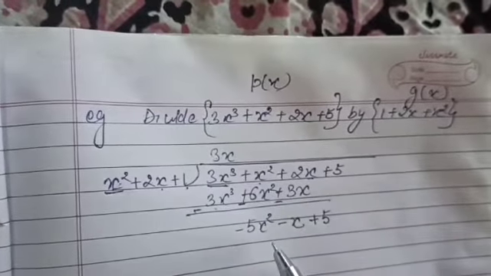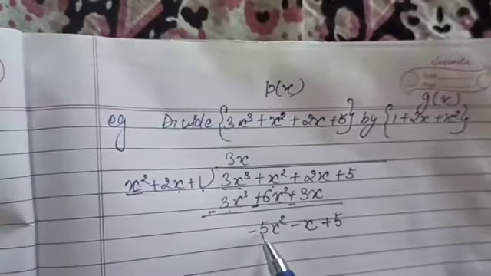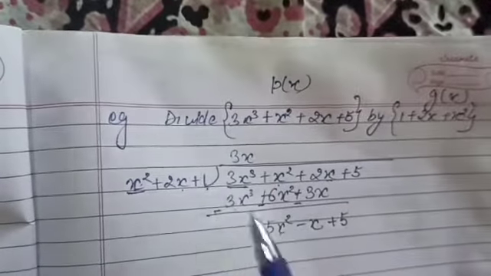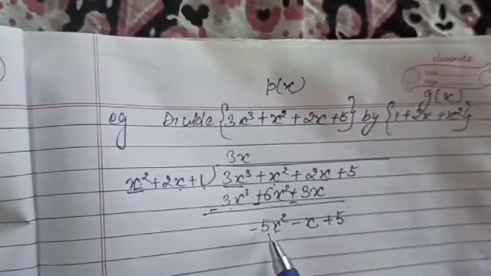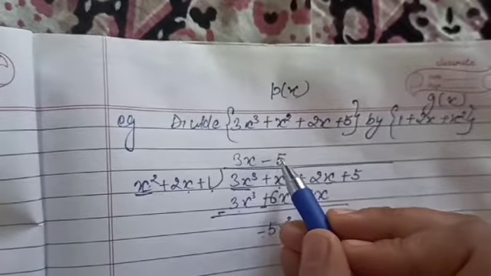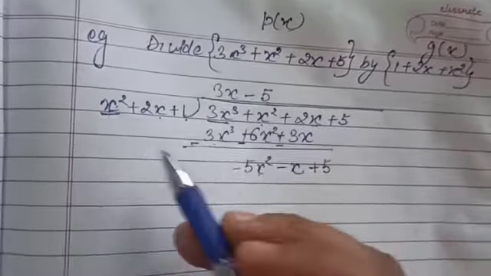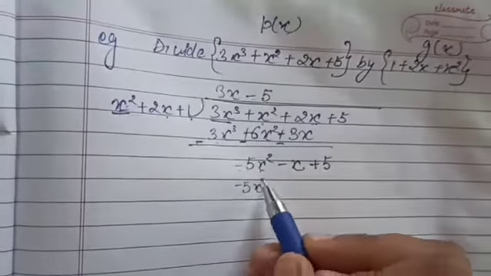Now in the second step, we see that this is x square and this is minus 5x square. So we have to multiply x square with minus 5, and this way we will get the second term of our quotient. So minus 5 into x square gives minus 5x square.